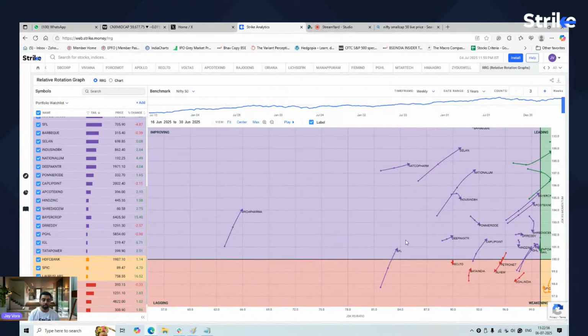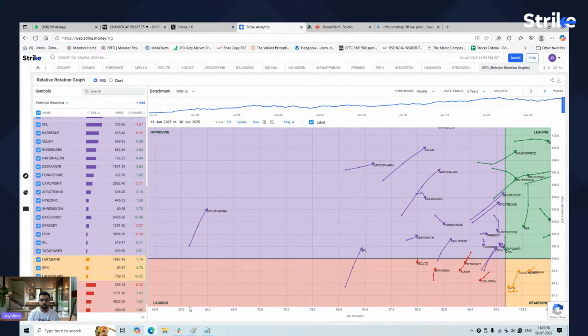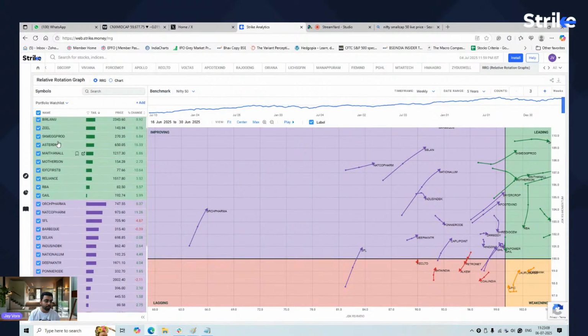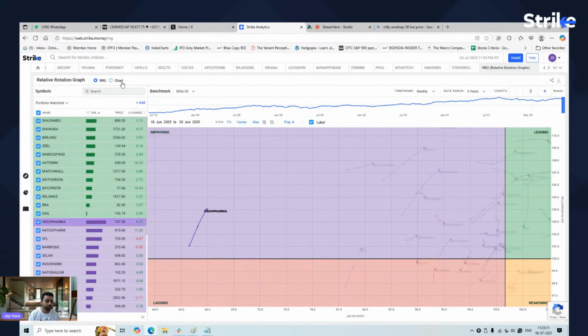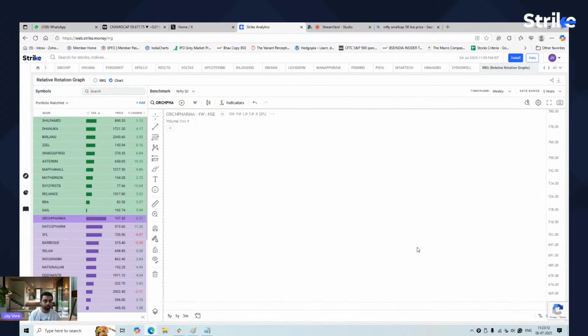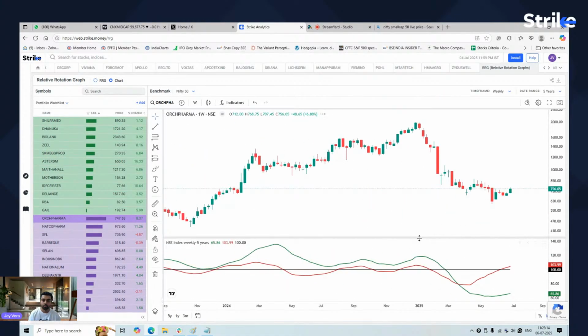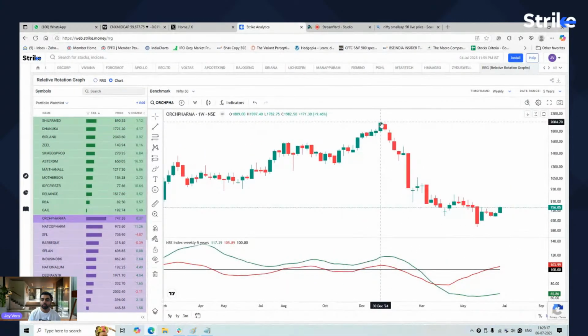Now, see, something like Orchid Pharma. Its RS is 63. That is very bad. I mean, there is a very good chance that it would have underperformed very significantly. So if I have to see the chart of Orchid Pharma, you can see the stock from 2000 has fallen all the way to 603.